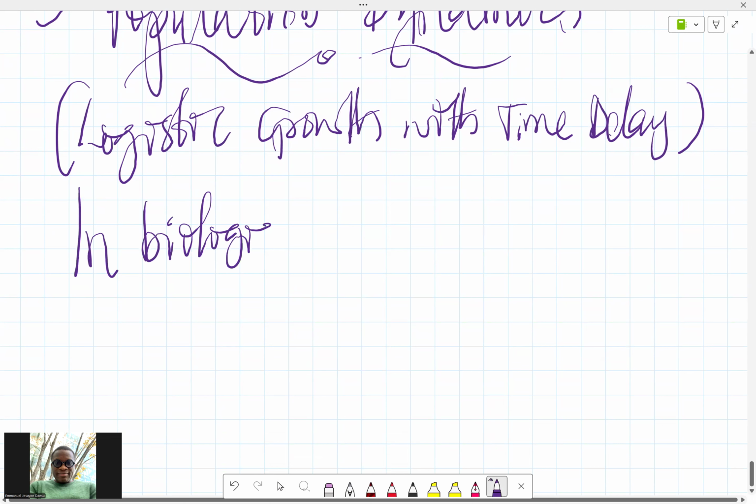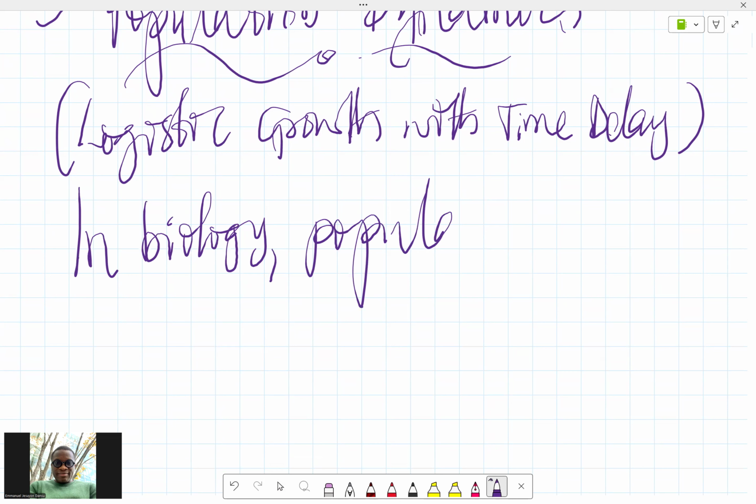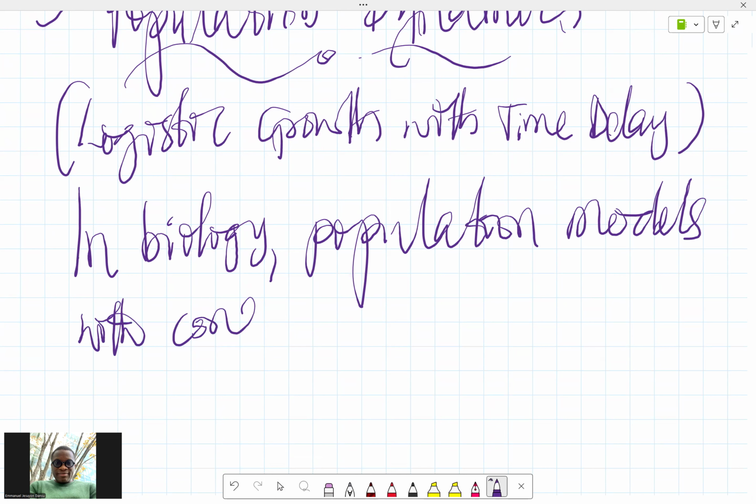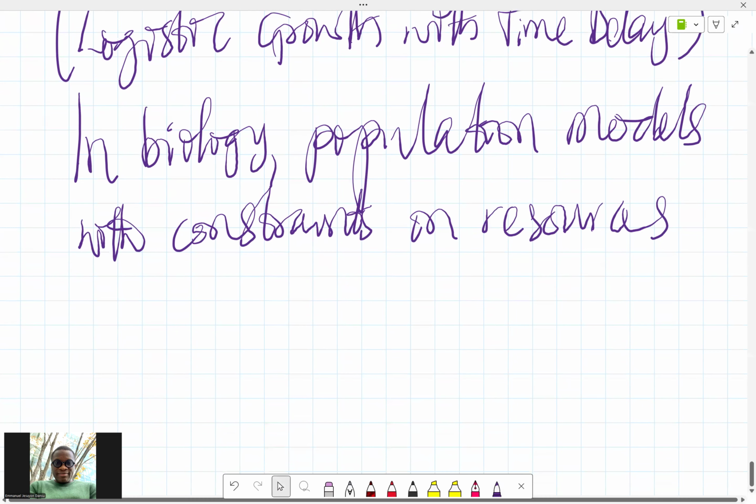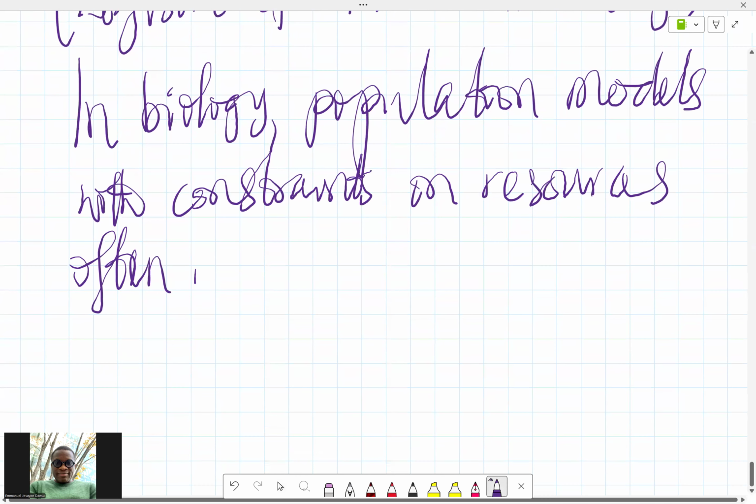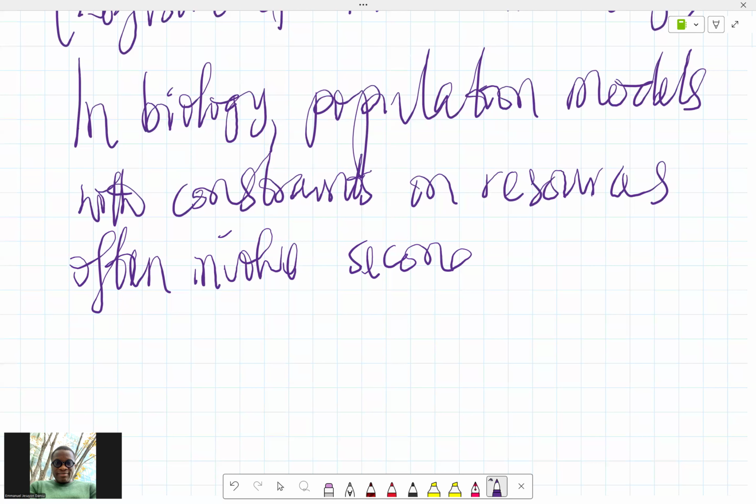So in biology, population models with constraints on resources often involve second order ODEs.